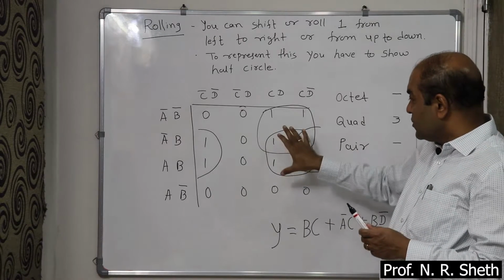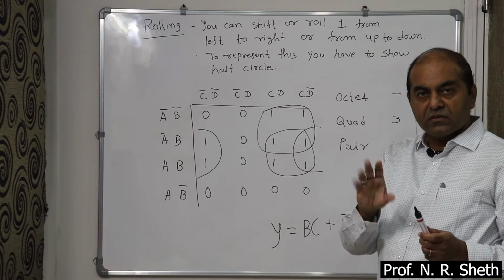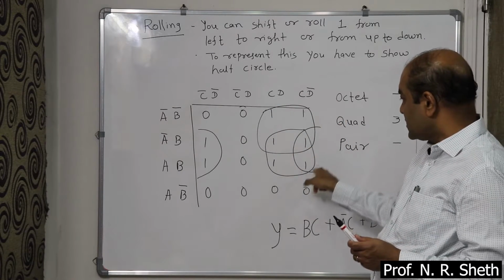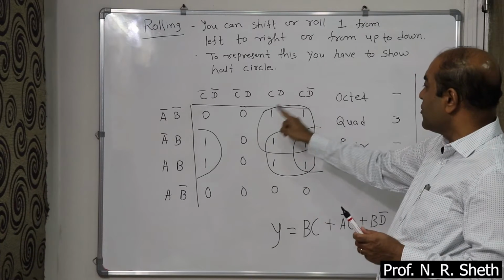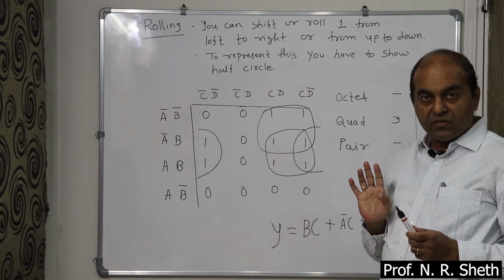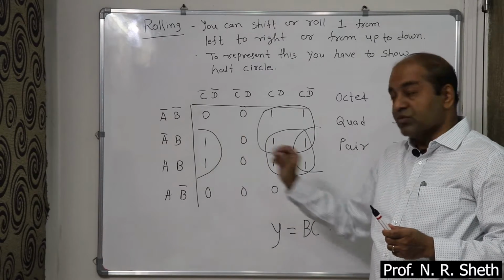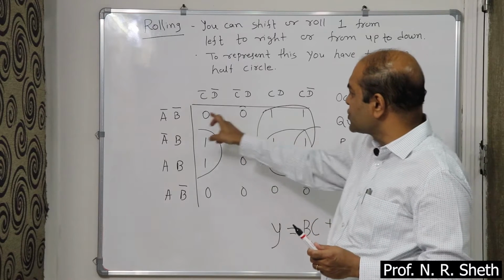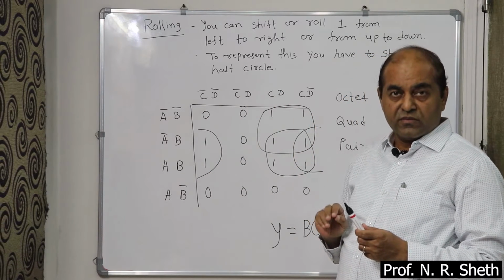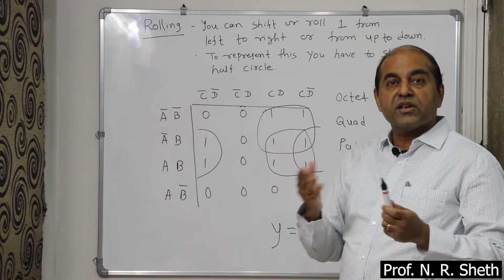In this figure, the first 2 quads are very simple. The center one, by using the property of overlapping, you have prepared the second one. But for this two, now suppose some students say that no sir, I want to use simply a pair for this one. Then what is the nature of the equation?